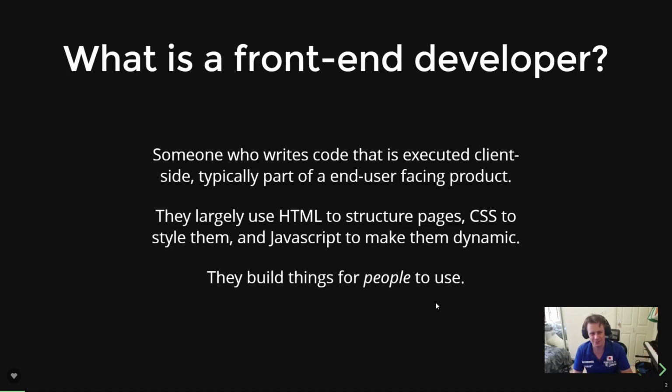You're making something that people interact with. There's a lot of programming that's infrastructural or service level, but when you're a front-end developer, you're building things for real people to use. So it's building the outward-facing layer of products.